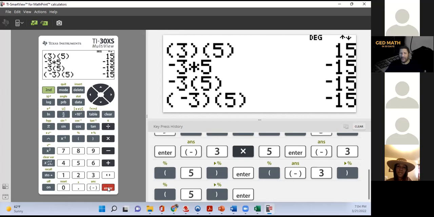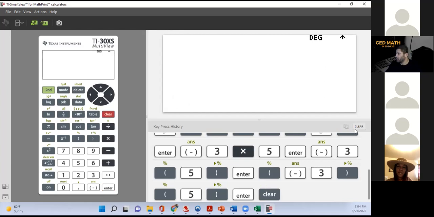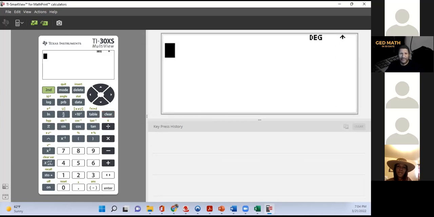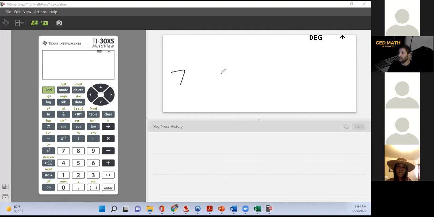This is what I mean by that. Let me clear everything out and connect concepts. Watch this: 7x minus 3x minus 10x minus 15x. First of all, you have to recognize that these are like terms because they all have the variable x.